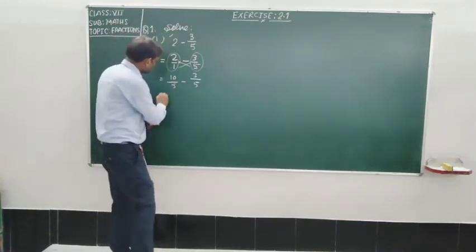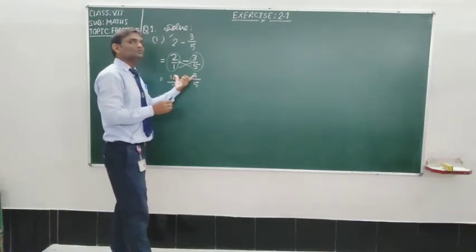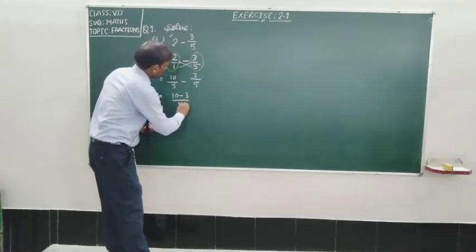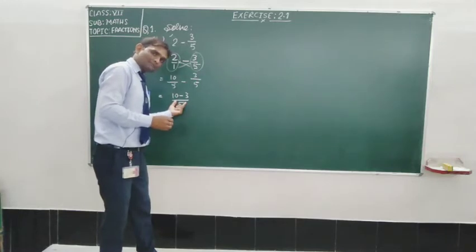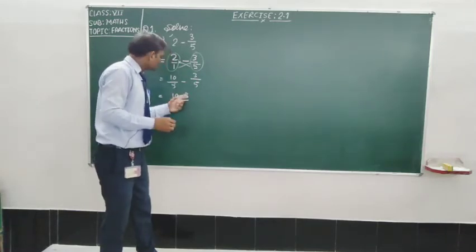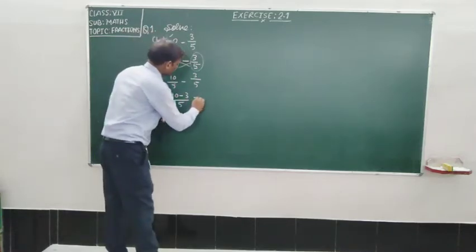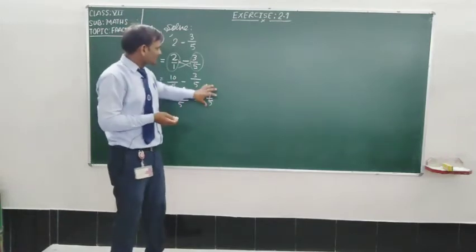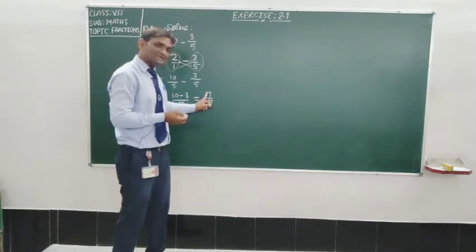If the denominators are same, student, you will subtract numerator from numerator. Means 10 minus 3 upon 5. Write one denominator below the bar sign, the upon sign, and subtract numerator from numerator. 10 minus 3 is equal to 7 upon 5. It's my answer. But student, you are seeing here 7 is greater than 5, so you can divide 7 by 5.